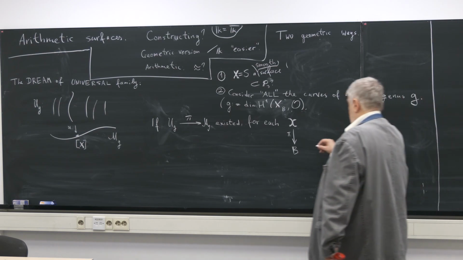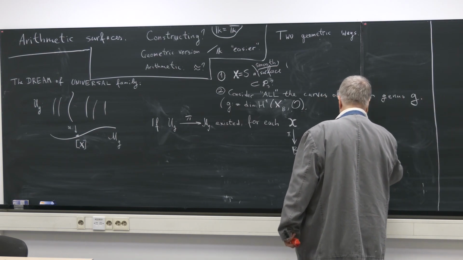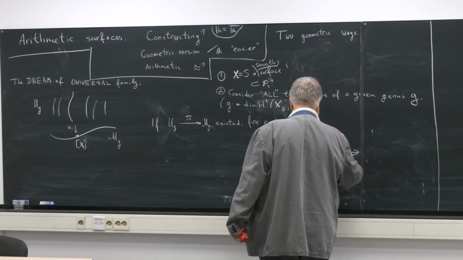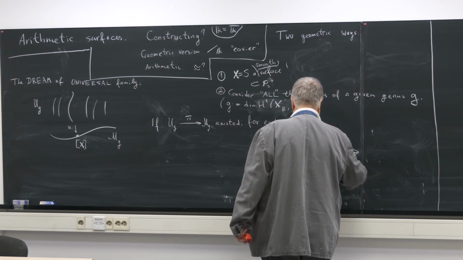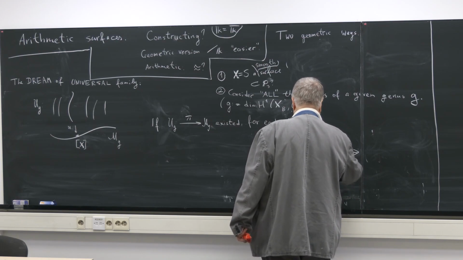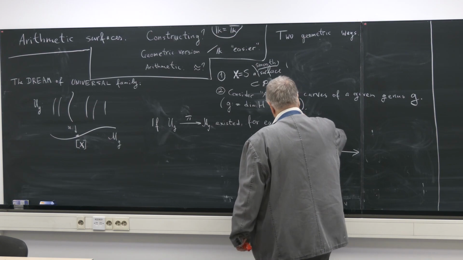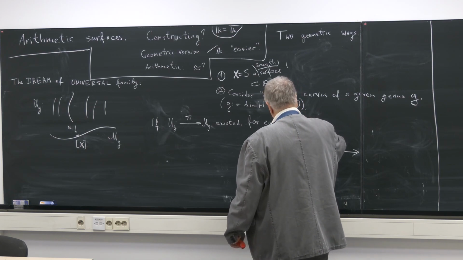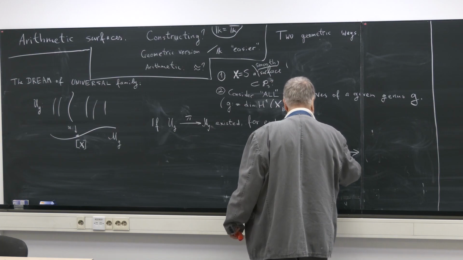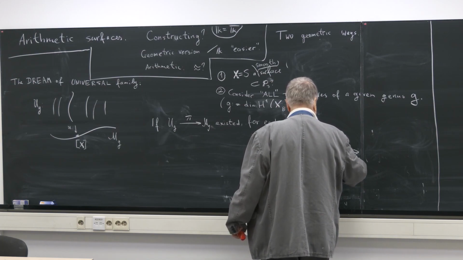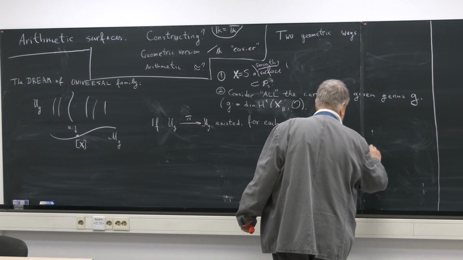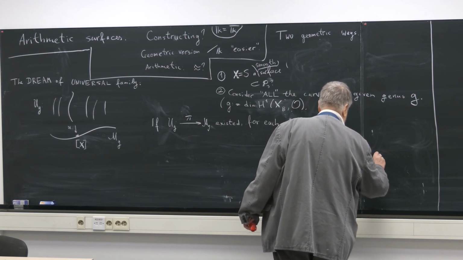Then there would be a characteristic mapping denoted kappa_X, X written in bold font, from B to M_g.